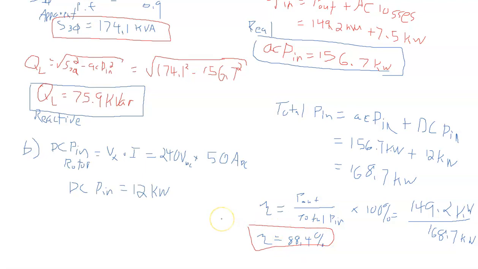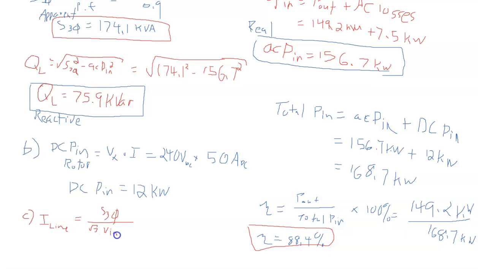Okay, part C asks us for line current. And the line current, we can take it from either one of the power equations. I usually just use this S 3 phase divided by √3 and V line.